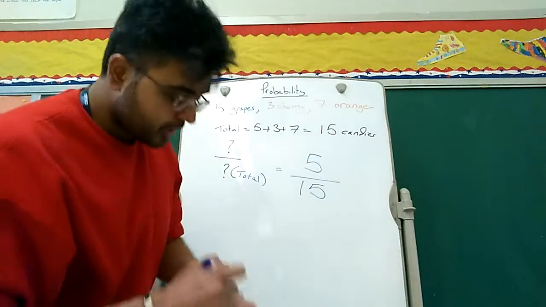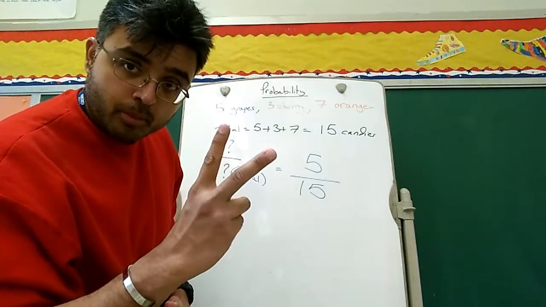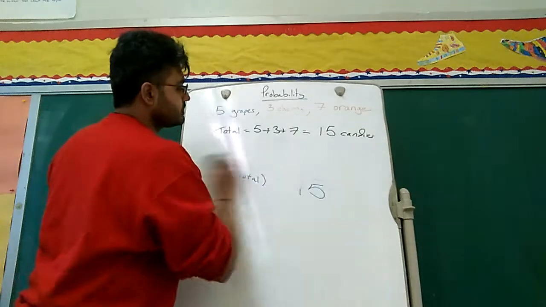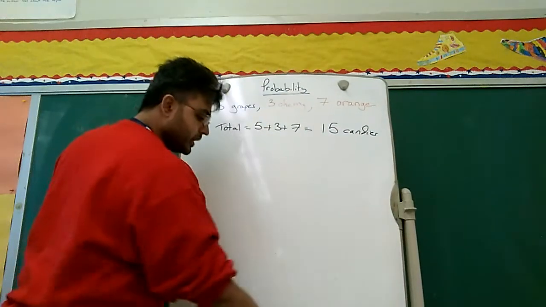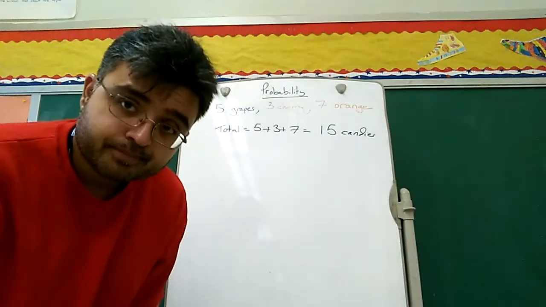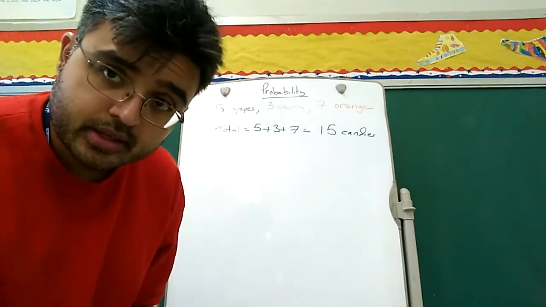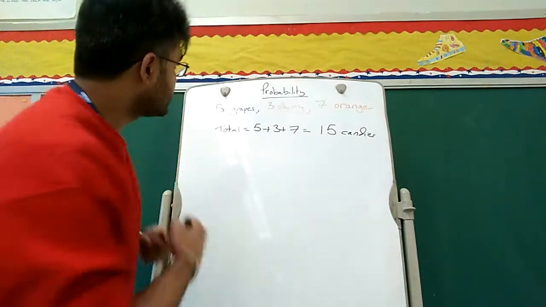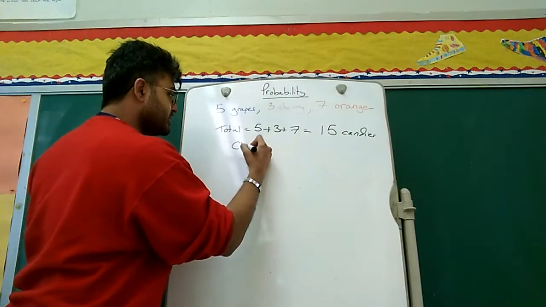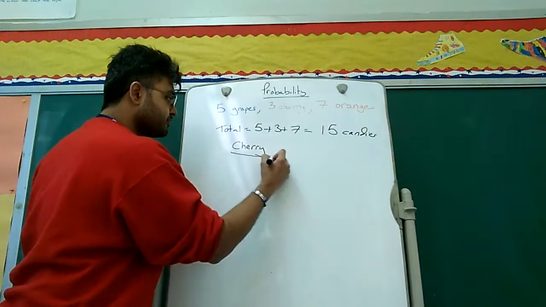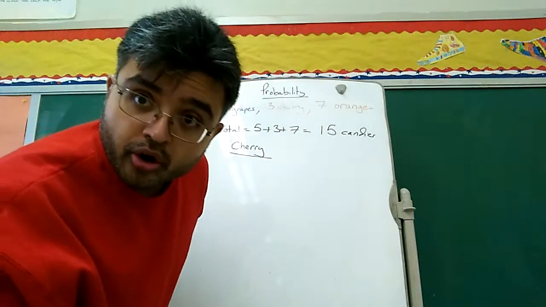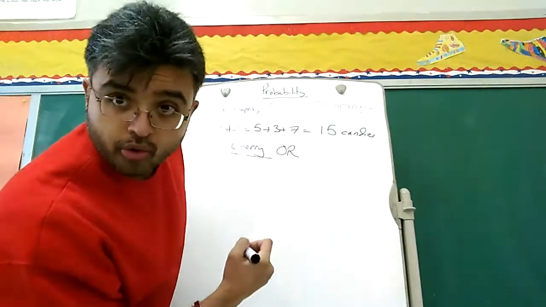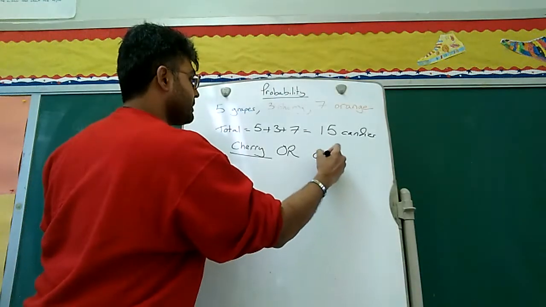However, this time we're going to pick 2 objects at the same time. Let's check it out. Here is a question. What is the probability that I will pick a cherry flavored candy or an orange flavored candy?